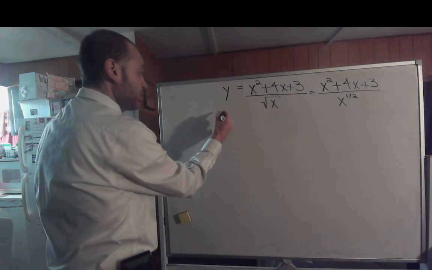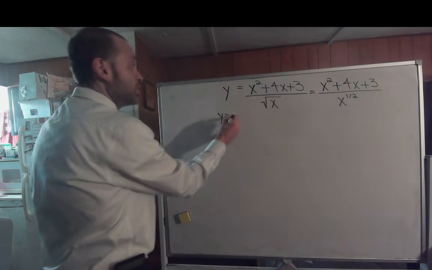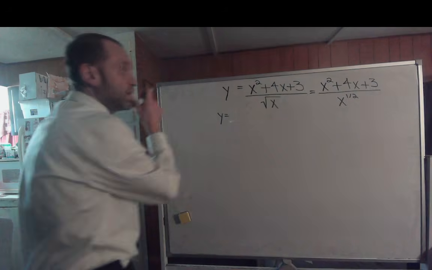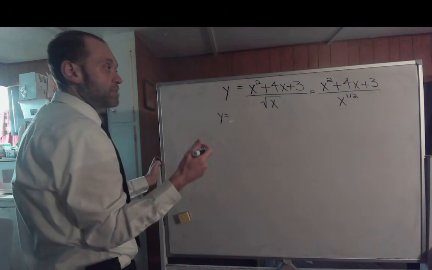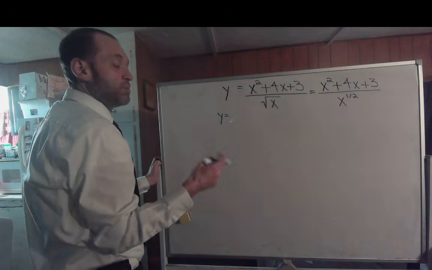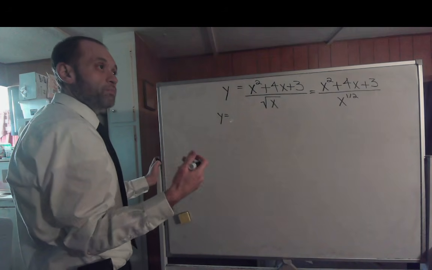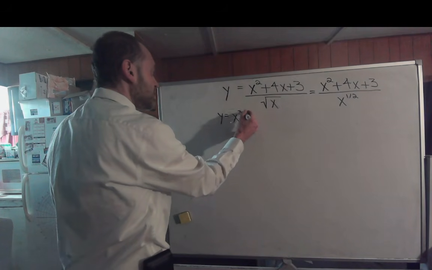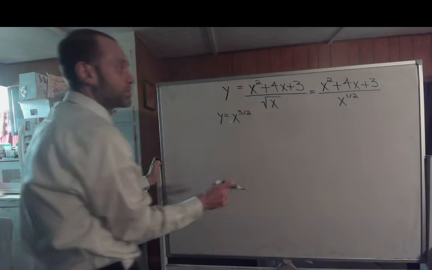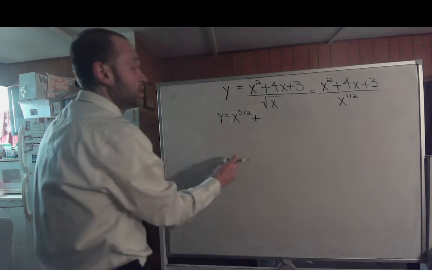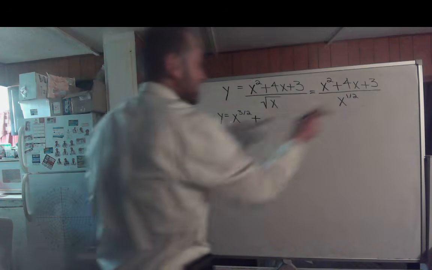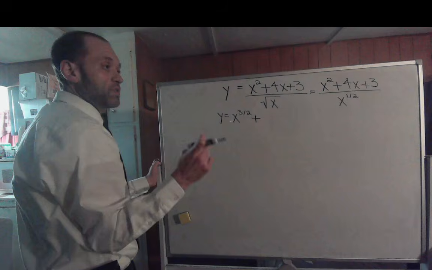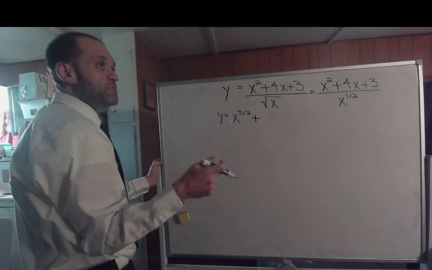You would end up getting that y itself would equal, if you take x squared over x to the 1/2, well, you would just subtract the powers. 2 minus 1/2, that's 4 halves minus 1/2. That would give you x to the 3 halves. So y would equal x to the 3 halves plus, you have 4x over x to the 1/2. Well, x to the first is the same as x to the 2 halves minus 1/2.